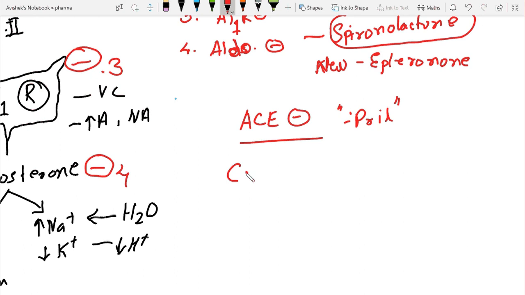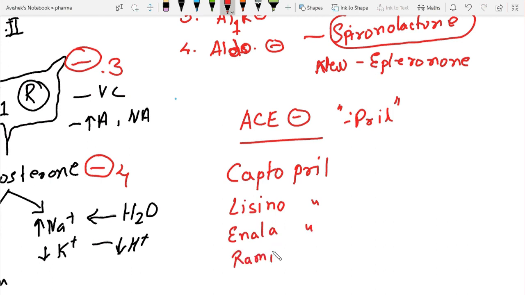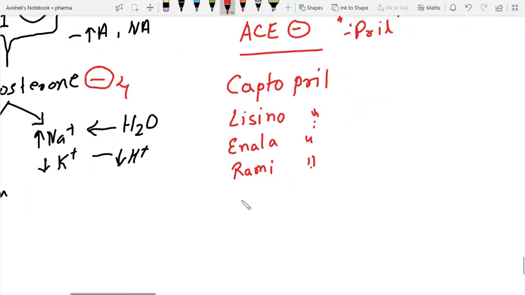Examples: captopril, lisinopril, enalapril, ramipril, perindopril, moexipril. Captopril and lisinopril.